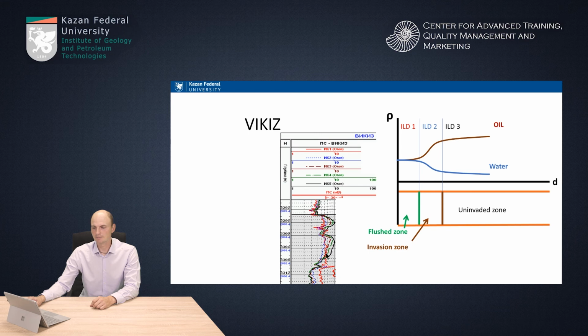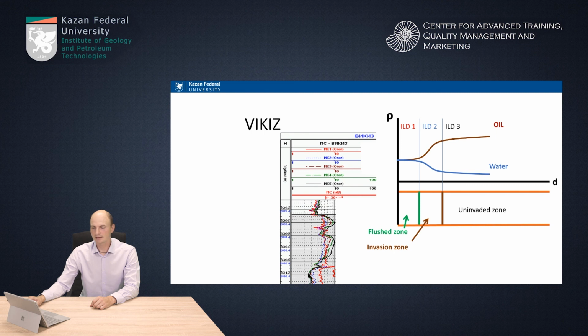We can see the shallow reading give us low resistivity, and the deep readings give us the high resistivity, the presence of the oil. But once we're going to look at this bottom layer, we can see that the shallow resistivity give us the high readings, while the deep resistivity give us the low readings.